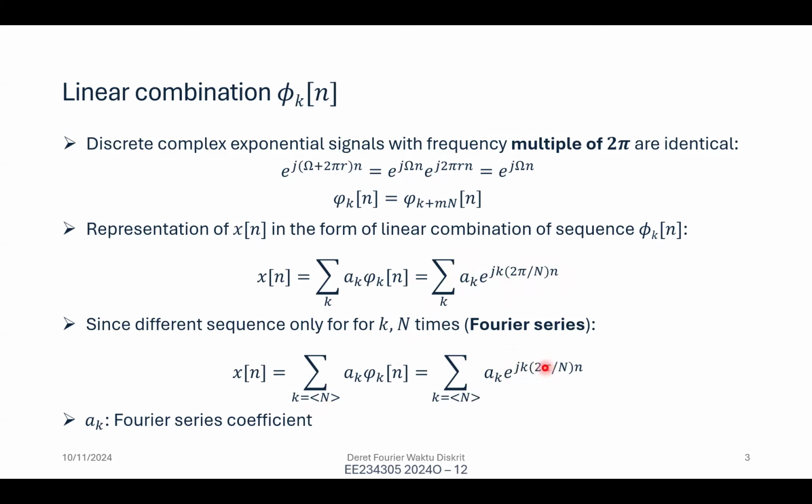We sum this N times. Basically, we change the limit or the length of the summation. Now we could represent this by the Fourier series coefficient a_k, which is the Fourier series coefficient for exponential signals.